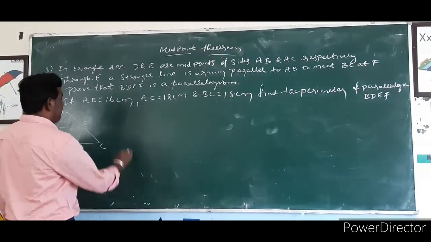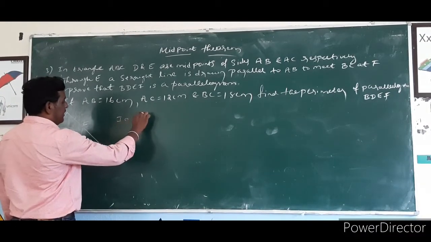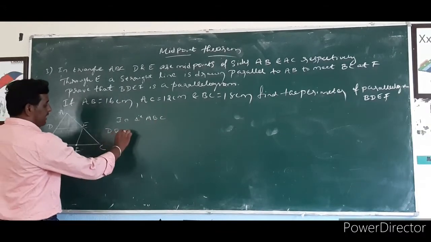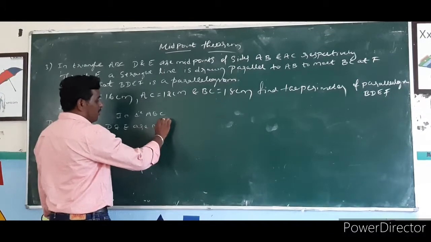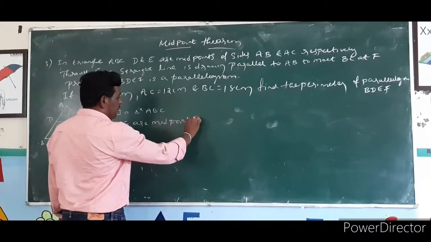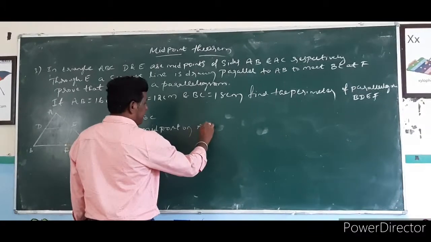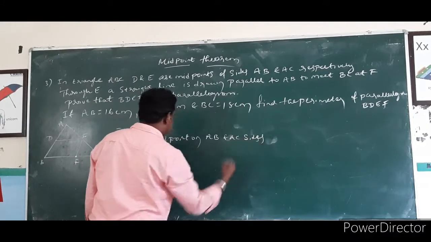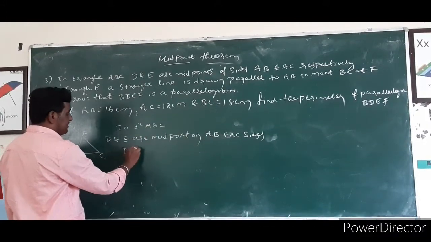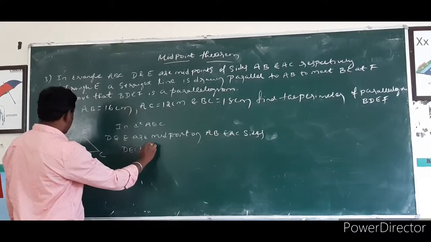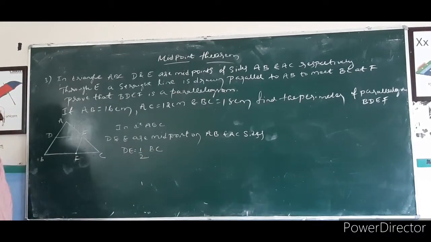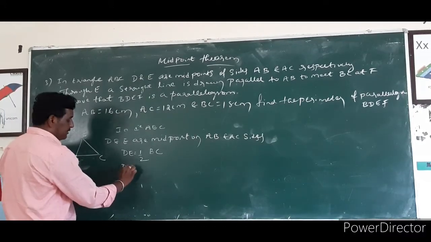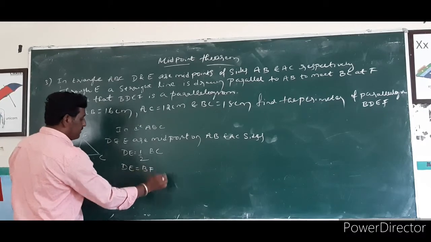So let us check. In triangle ABC, D and E are midpoints on the AB and AC sides, so DE is equal to half of BC. Half of BC means BF, so DE is equal to BF.